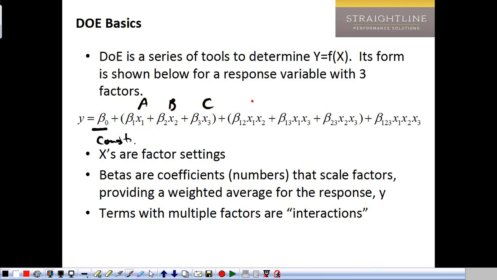And then here would be the interactions, AB, AC, BC, and then ABC. So this happens to be a three-factor model. Let me count the coefficients: 1, 2, 3, 4, 5, 6, 7, 8. So we would need 8 runs to do a full factorial.